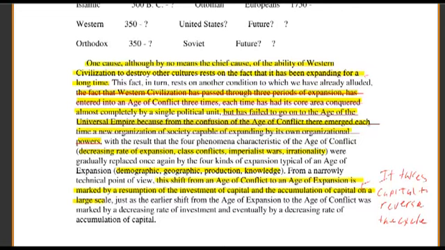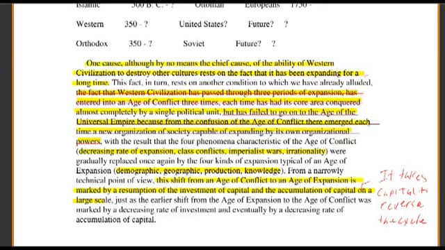Normally, when the core area gets conquered by a single political entity, it enters into the age of the universal empire, because it has stagnated and become stable. But it has failed to go on to the age of the universal empire because of the confusion of the age of conflict.